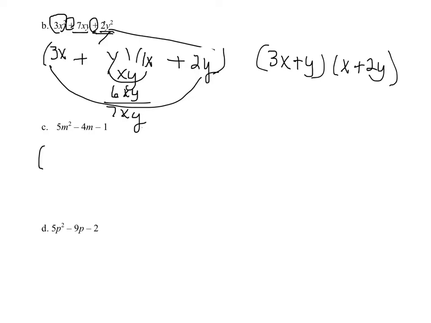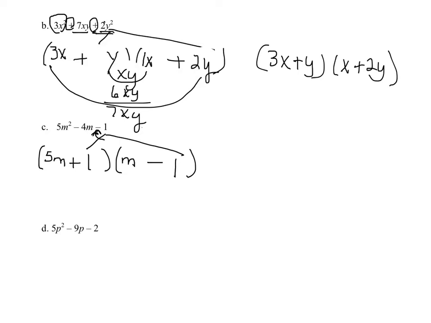Okay, so I take a deep breath, and I say to myself, okay, this second sign is negative, right? So I'm going to have opposite signs. And I'm going to totally put in 5m and m. Now the only factors I can put in here are 1 and 1.